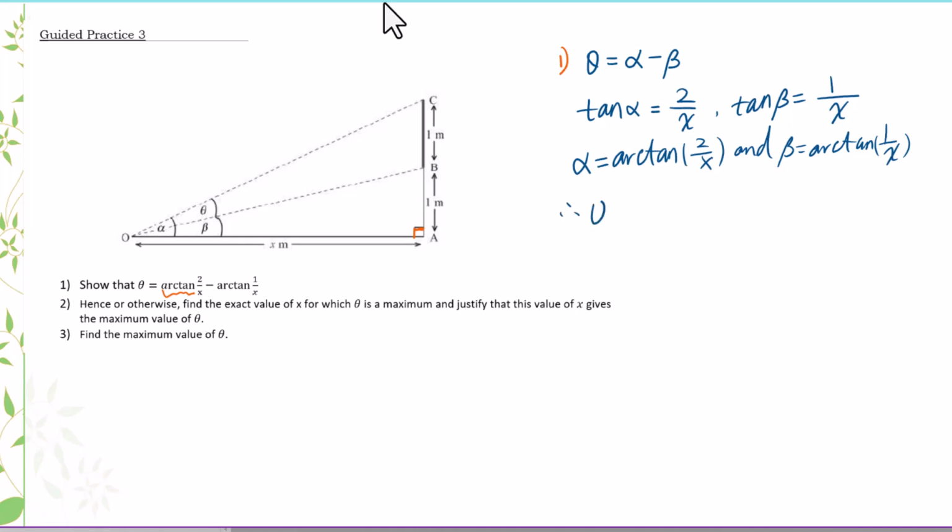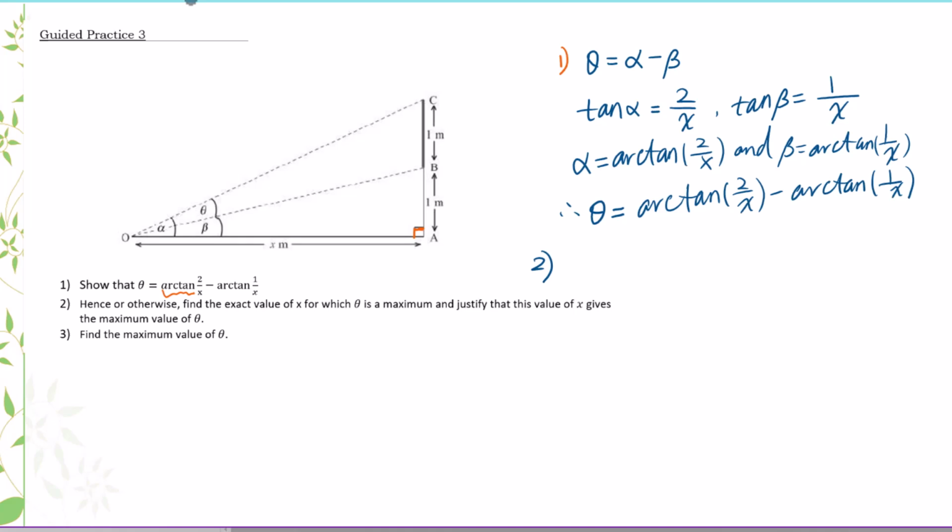Therefore, theta equals arctangent 2 over x minus arctangent 1 over x. Let's go to the second one.